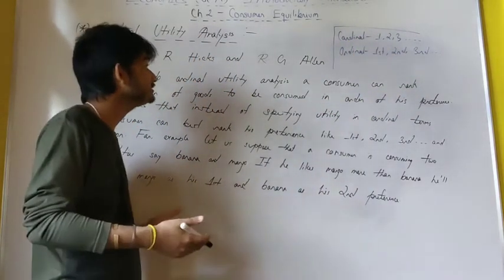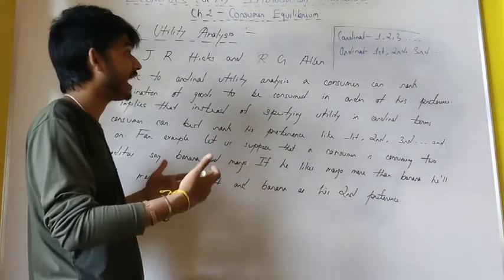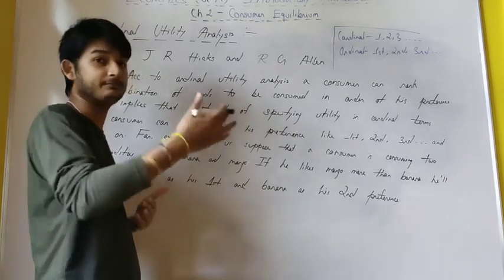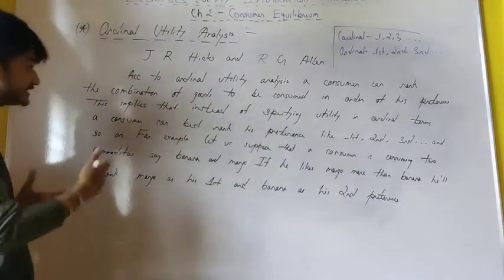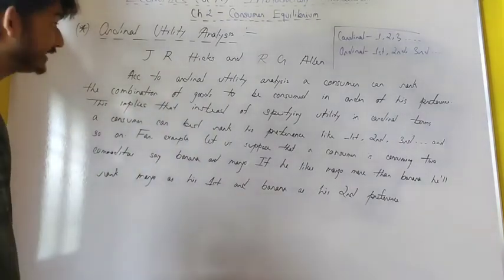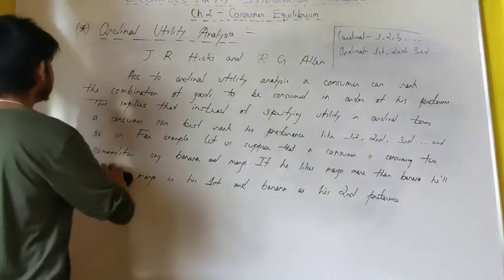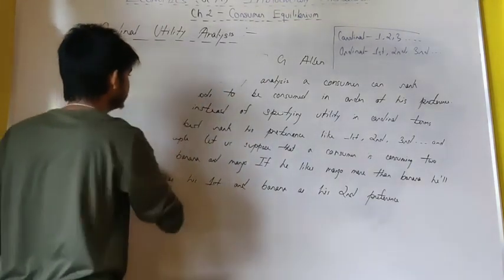Rather, humans, the consumers, specify our preferences in an ordering manner. So this is the main idea of ordinal utility analysis, and this analysis is based on certain assumptions also.